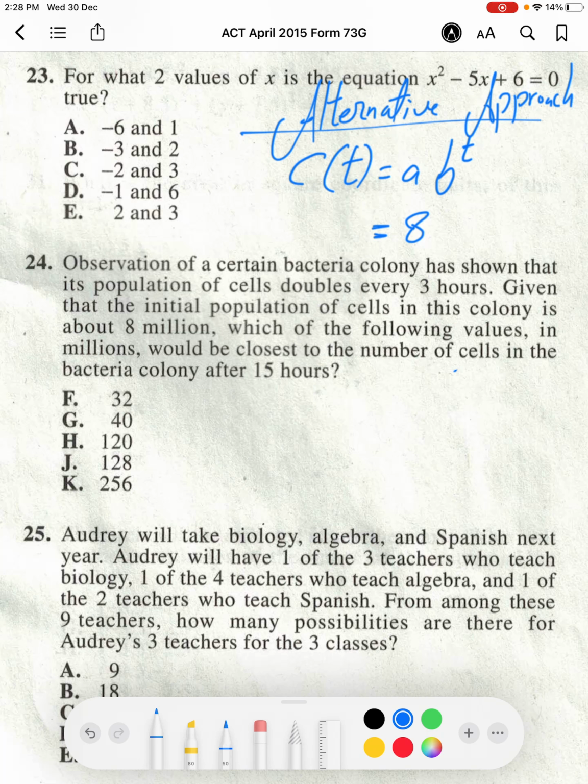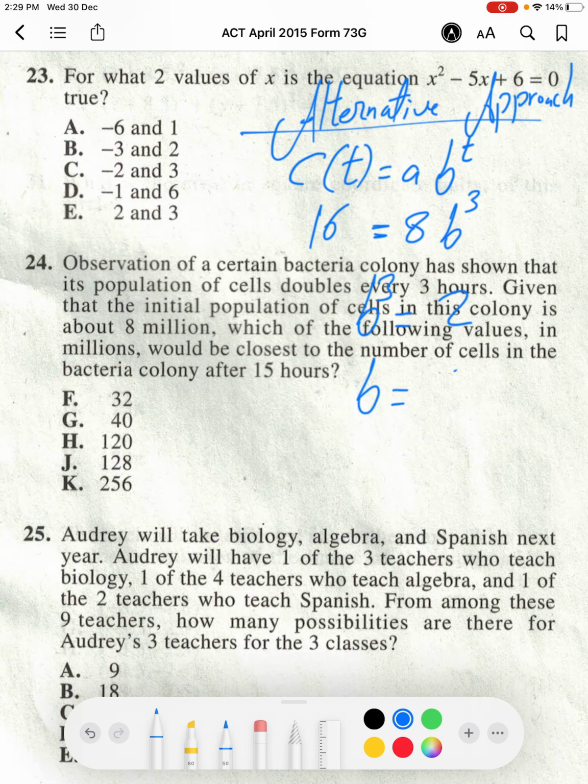As the number of cells is doubling every 3 hours, that means after 3 hours the final amount C of t would be 16. Okay, 8 times b power 3. So b power 3 is equal to 2.